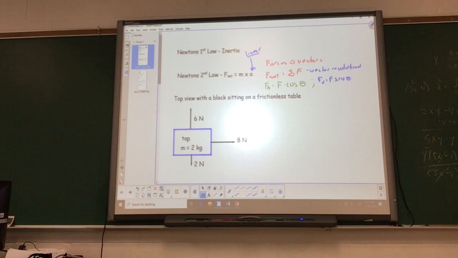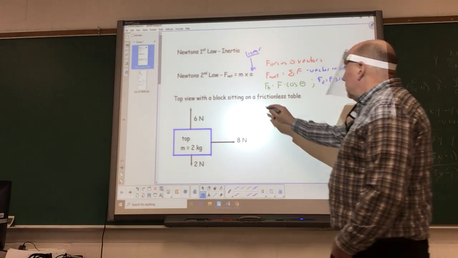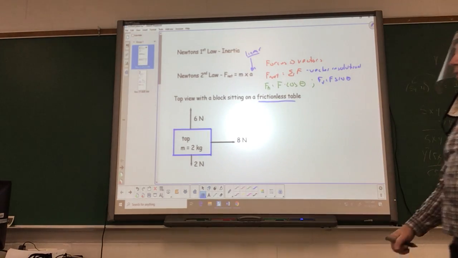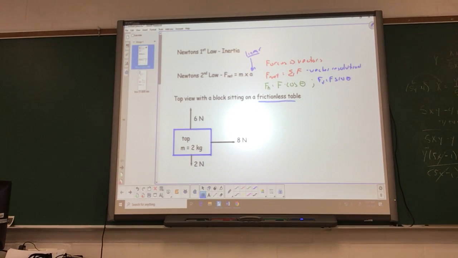Force is dependent on acceleration. So we need to be able to break down forces into horizontal and vertical components also, if we need to. And we will, because eventually we're going to throw friction in here, and then we have to worry about friction. We're on a frictionless table, so we do not have to worry about it right now.